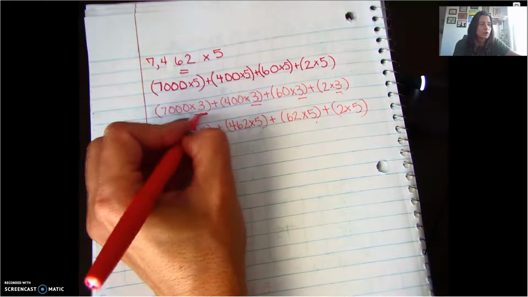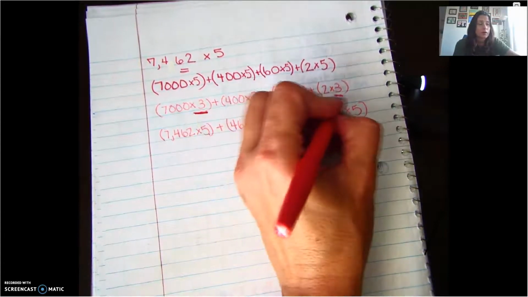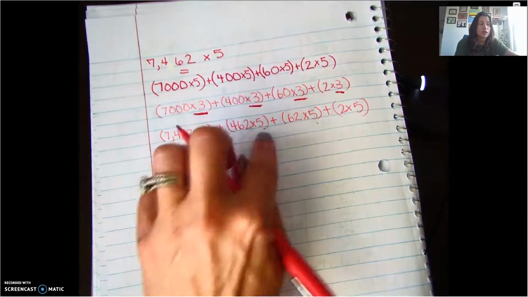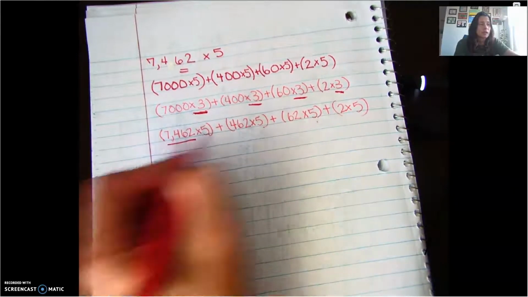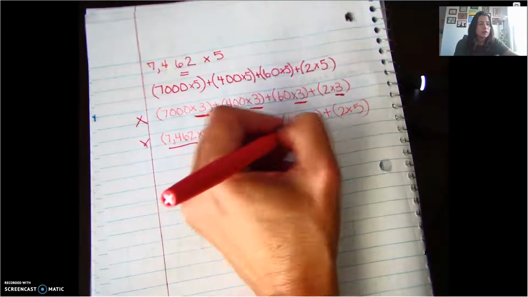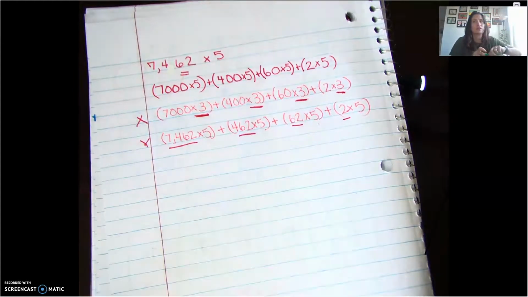So on this one we distributed the wrong number. What did we do wrong on this one? We distributed the correct number. We did not do our expanded form. I'm going to put an X by this one. We didn't do the expanded form right. Okay, let's see if you can find with this one.